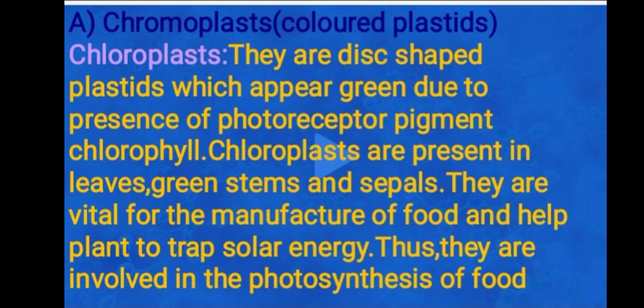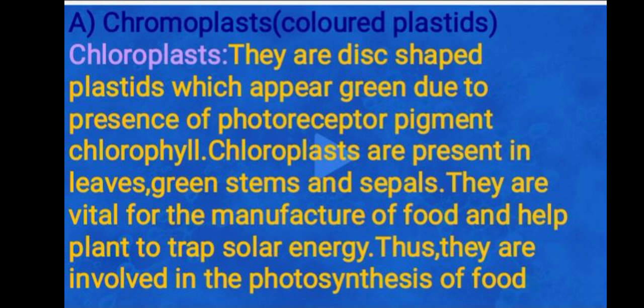Chromoplasts are colored plastids. Let's discuss chloroplasts first. Chloroplasts are disc-shaped plastids which appear green due to the presence of photoreceptor pigment, chlorophyll. Chloroplasts are present in leaves, in green stems and sepals.